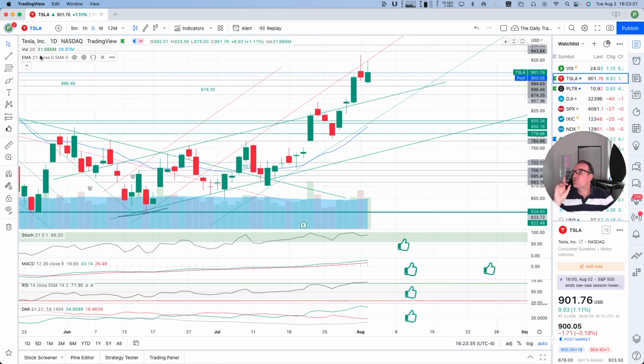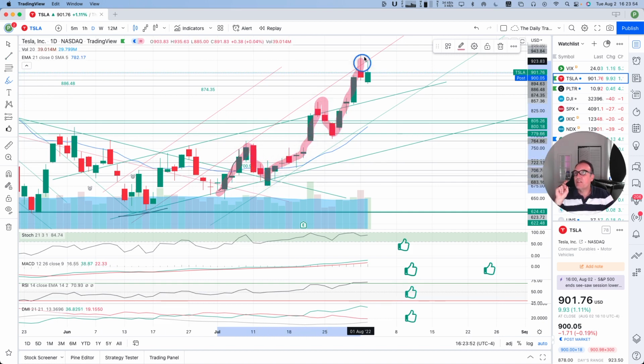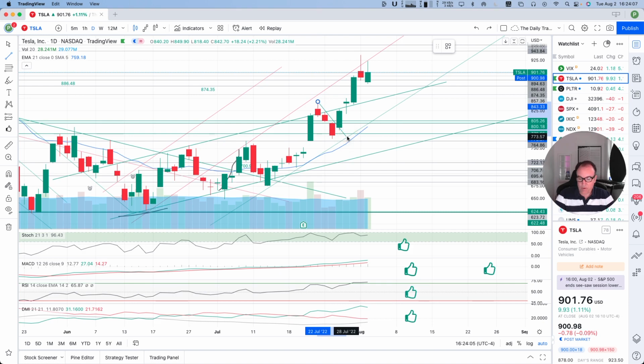And just a little trick that I don't think I have talked about is that each time we have a move up in the stock, and then we have a move down, and a move up, and then a move down, and so on, we can draw a little bit of a downward channel, a very small channel.